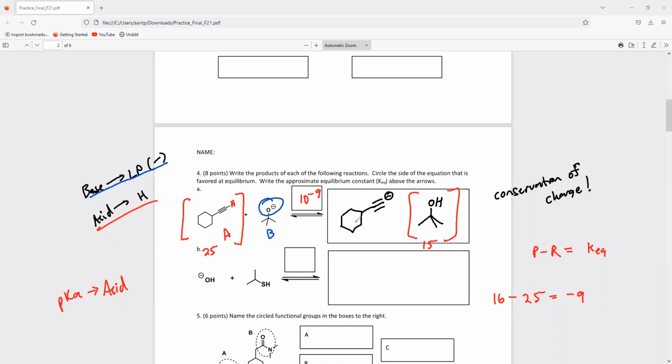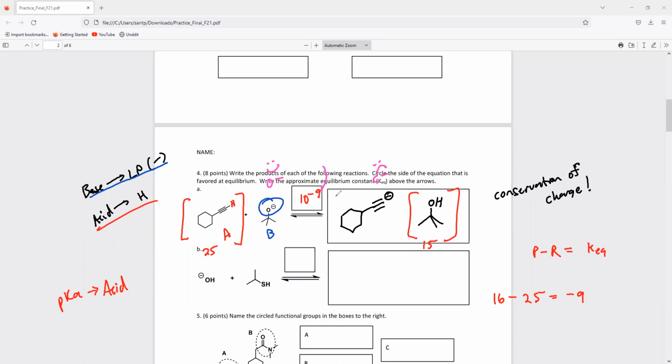Now, just to help you guys understand what these numbers mean, the equilibrium constant tells you how likely this is to push to the right. A negative number means that it does not want to push to the right, and a positive number means that it very much wants to push to the right. A way that we can reconcile this number is if we think conceptually, right, an O minus versus a C minus, O minus is always happier, right? C minus is not very happy.